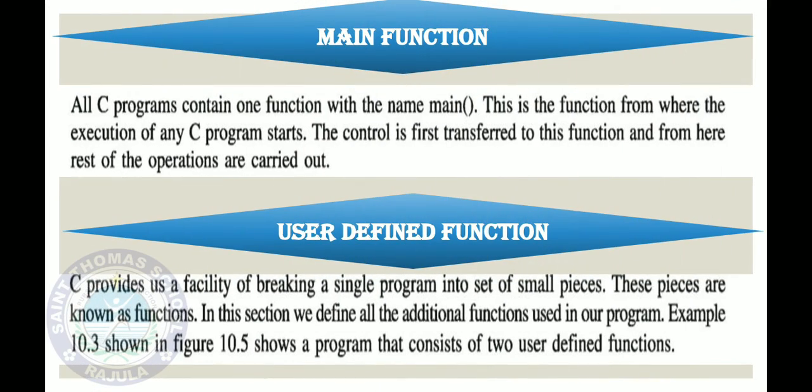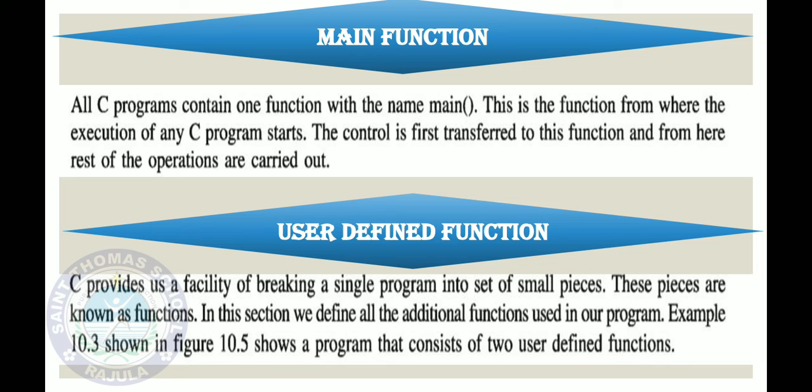Then after that, the main function and user defined function. The main function is the core part of your C program structure, because every C program contains one function with the name main, and this is the function from where the execution of any C program starts.